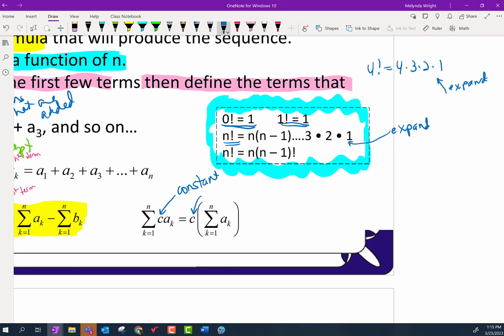Okay, 4 factorial, 4 times 3 times 2 times 1. In factorial would be n times n minus 1 times n minus 2 times n minus 3, like forever, right? Until you get all the way down to 1. And these are just concepts to be familiar with that you might be applying in our work. Okay, are we okay?